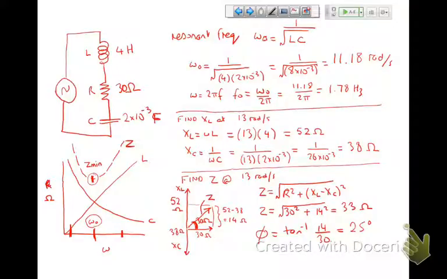My reactance for my capacitor is 38. I could have chosen a frequency below, in which case the reactance for my inductor would have been less than my reactance for my capacitor. And so my phase angle would have been the other way. I would still have had this diagram. It's still going to be that same order. But this one would be a longer arrow and that would be a shorter arrow. So that's why I remember LRC. It's just then you need never worry about the order. You know the order. Okay?